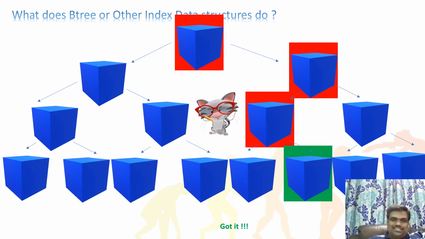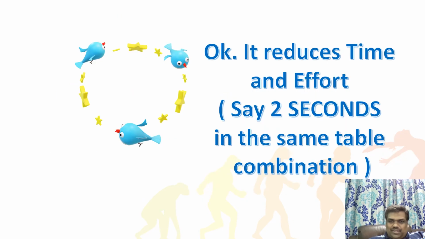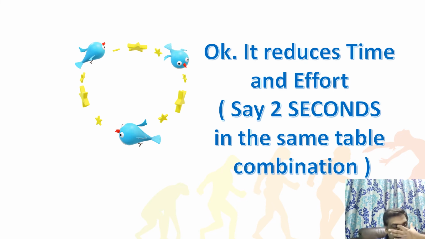Compared with the previous response time behavior, this response time behavior is far better. That one took 10 seconds, and this one is taking only 2 seconds. It reduces the time and effort for the same table combination. So this is the improvement with using the indexing concept.